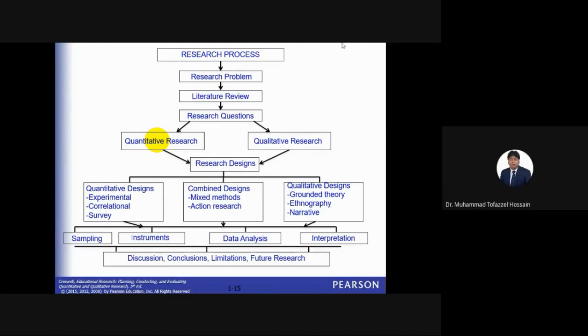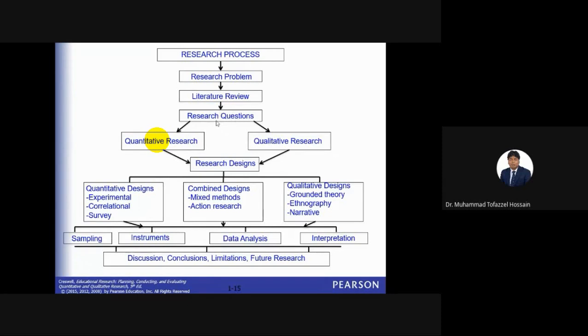So after the literature review, you have to consider your research gap. Then you have to set your research objectives, and according to the objectives, you have to set your research questions.